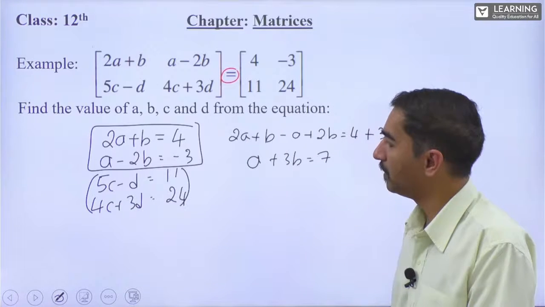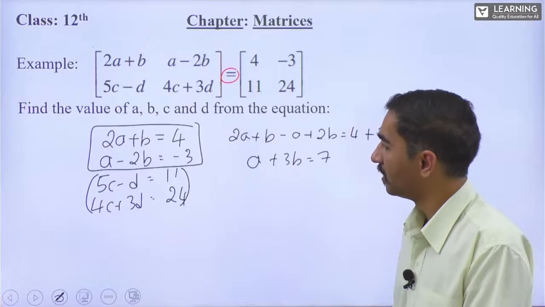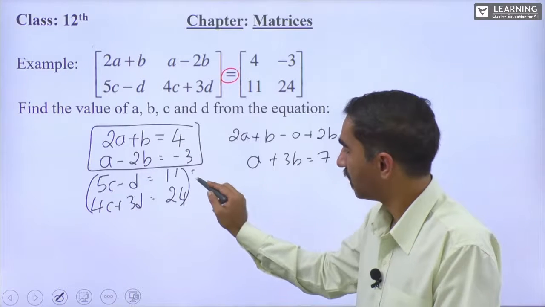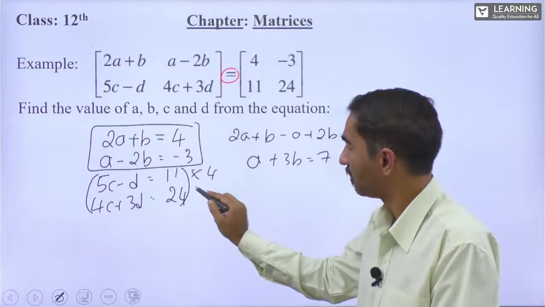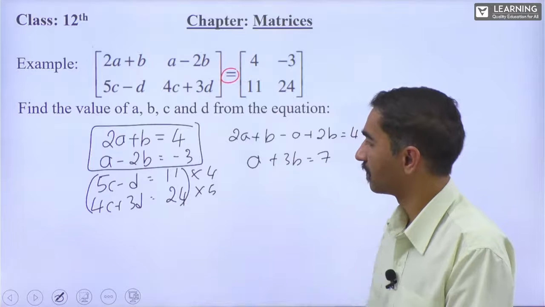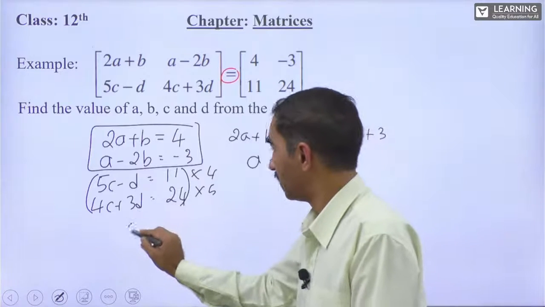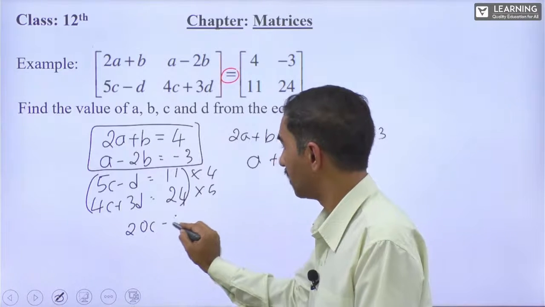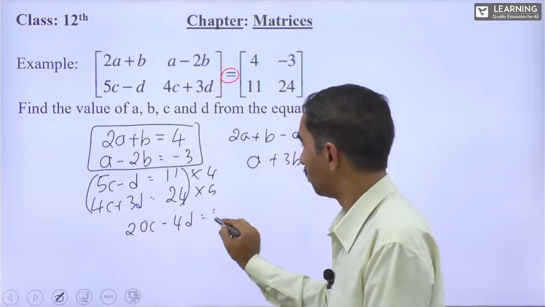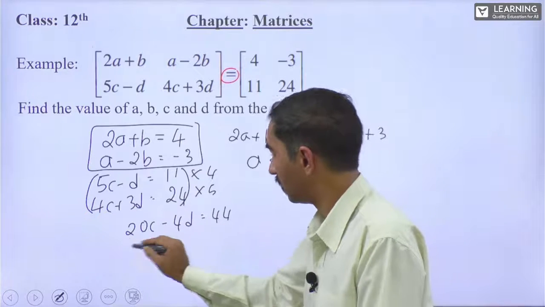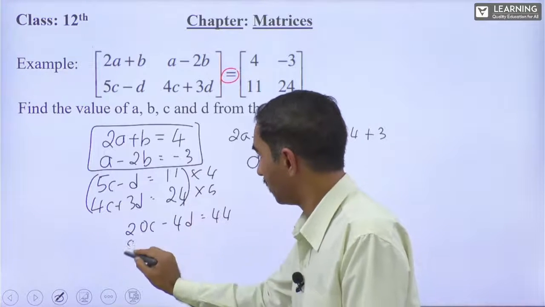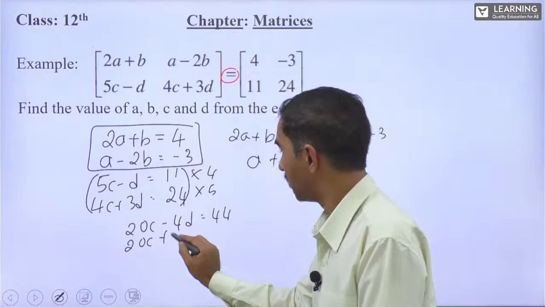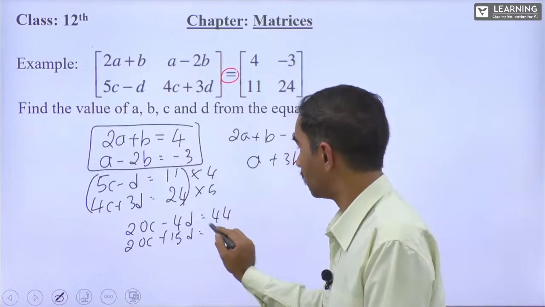So here we'll do by elimination method. So here we will multiply this with 4 and multiply this with 5. Okay. So what can be done here? 20C minus 4D is equal to 44. And this will be 20C plus 15D is equal to 120.